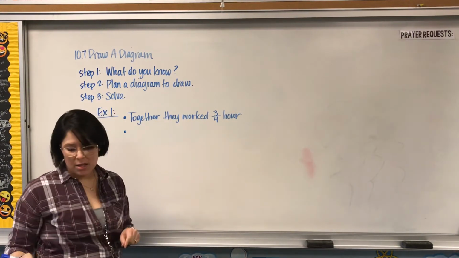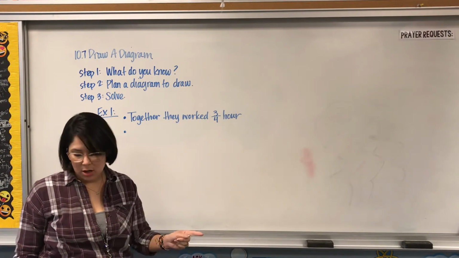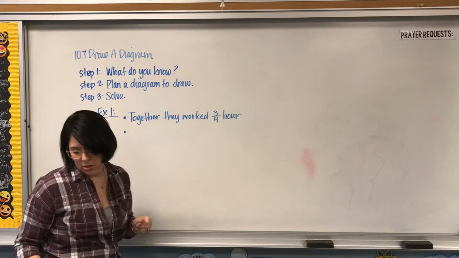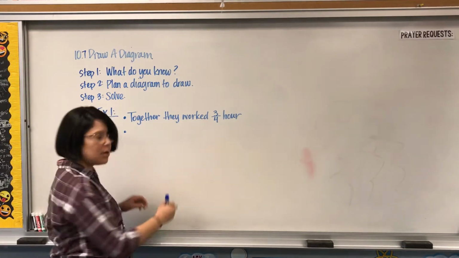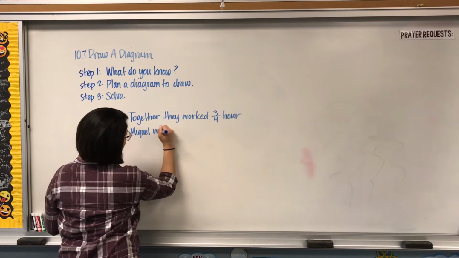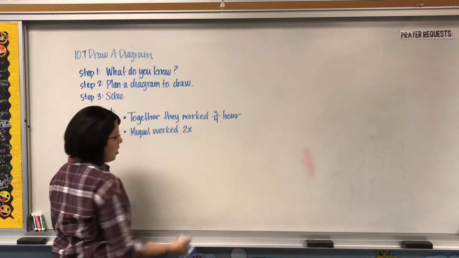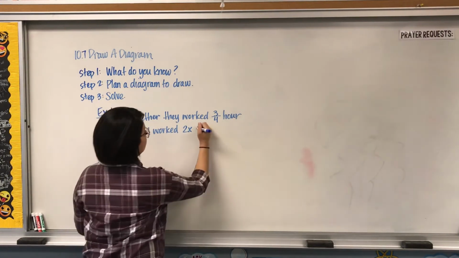Now, the second thing you know is that Miguel worked for twice as long as Heather worked. So Miguel has worked twice as long as Heather has. I'm going to put 2 times as long.